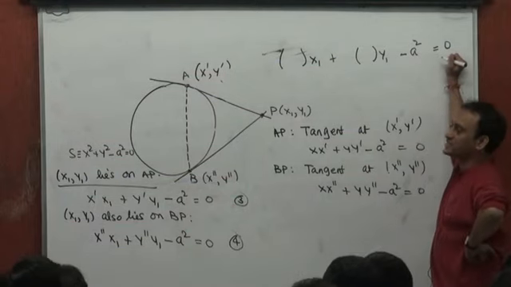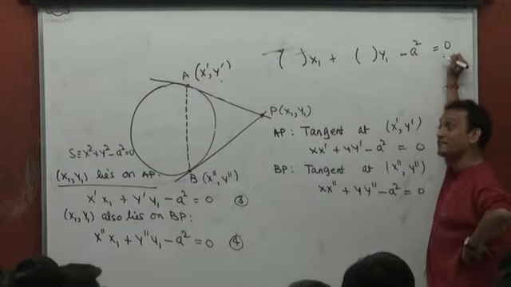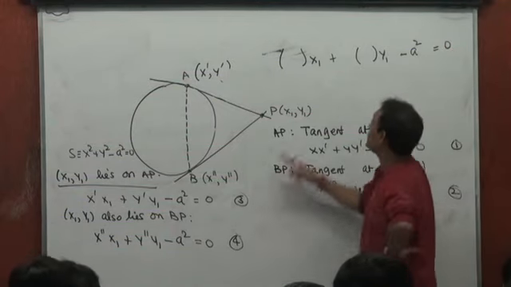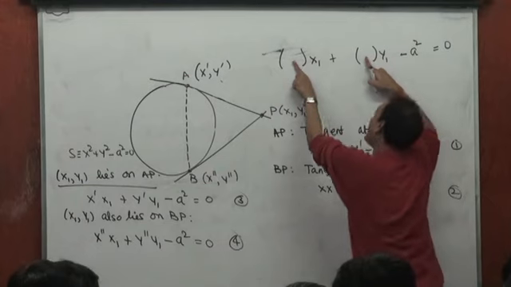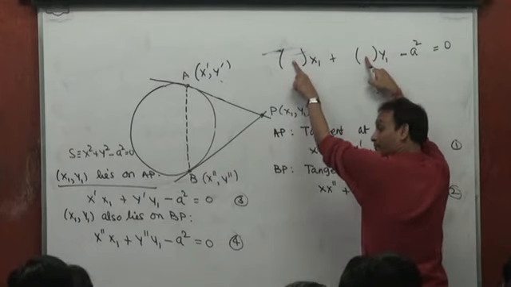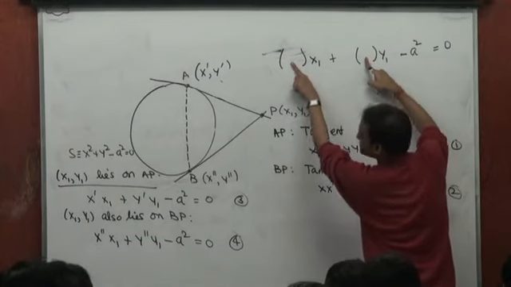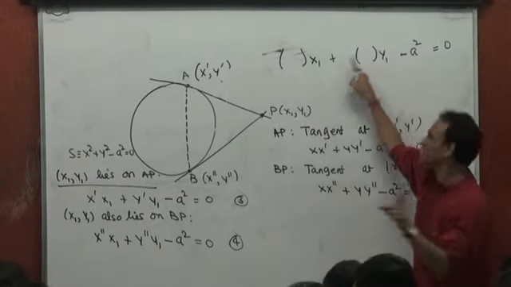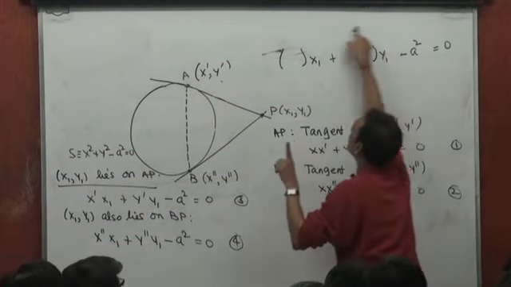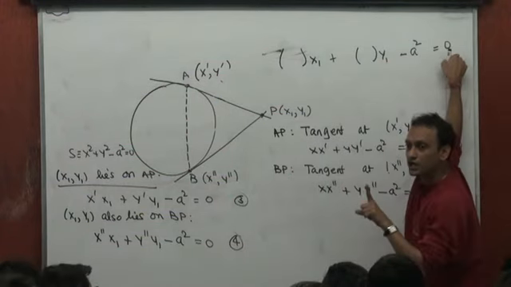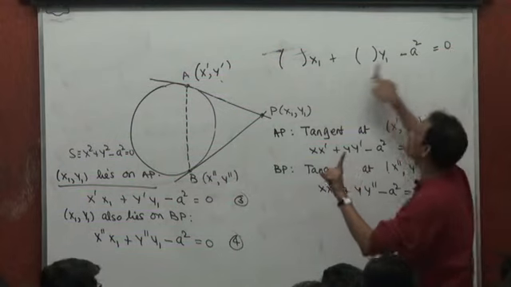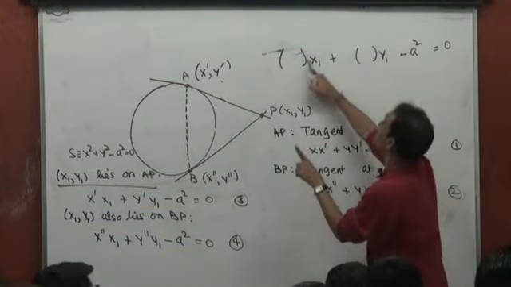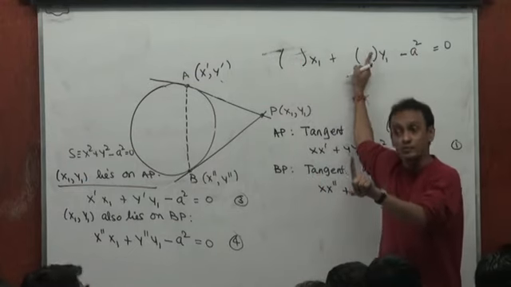In equation 3, these blanks have to be filled by x prime, y prime, whereas in equation 4 these blanks have to be filled by x double prime, y double prime. That's the only difference, right? So structurally, they look similar.